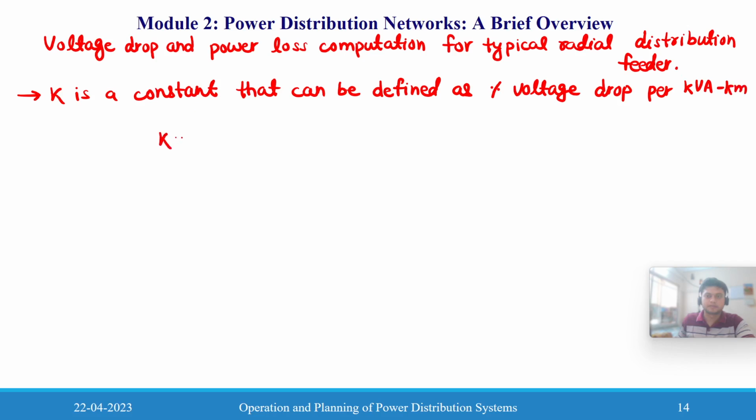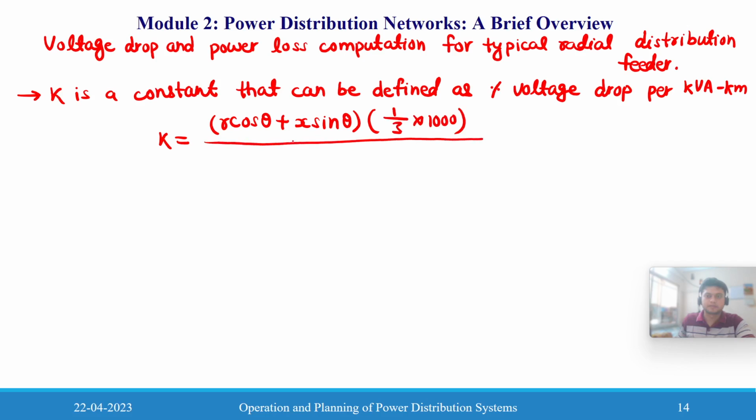If we derive this term, it comes as (r cos theta plus x sin theta) into 1 by 3 into 1000 by V base squared.